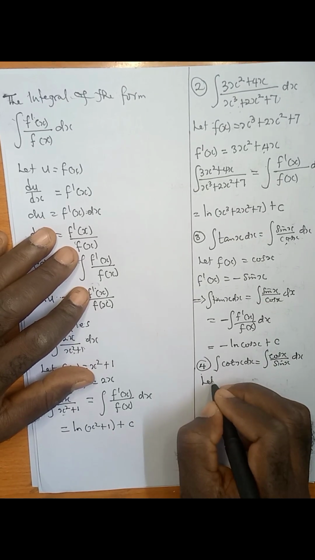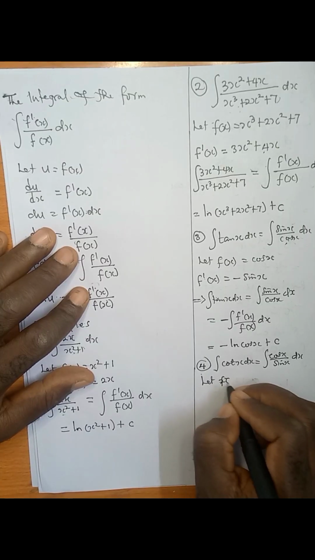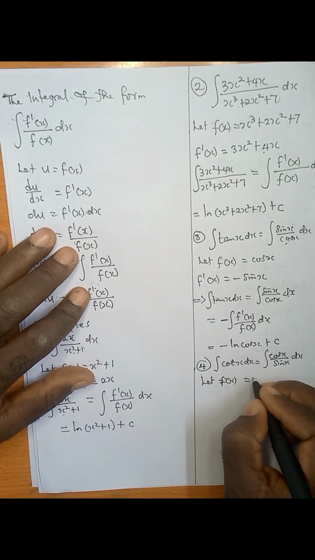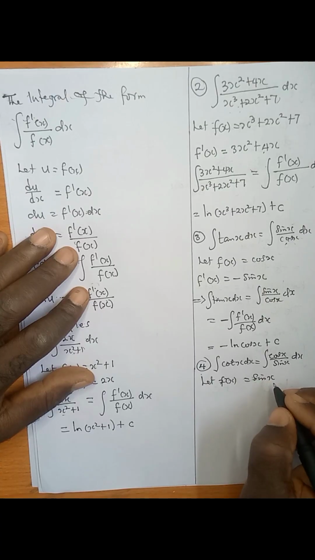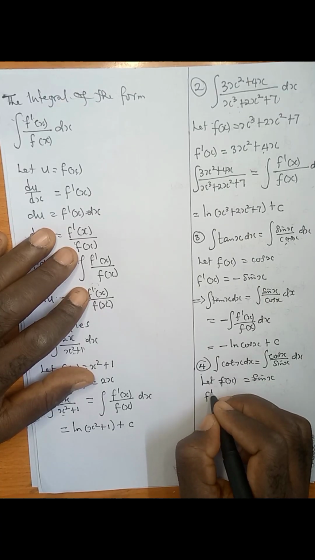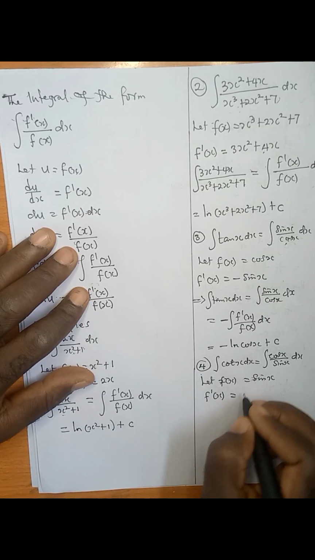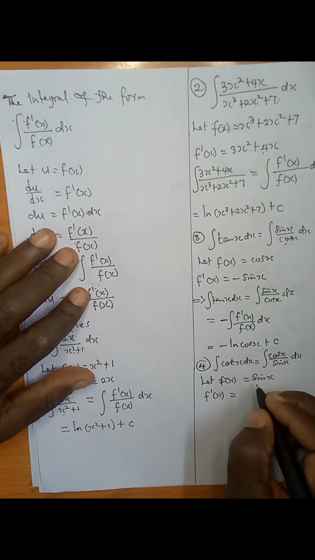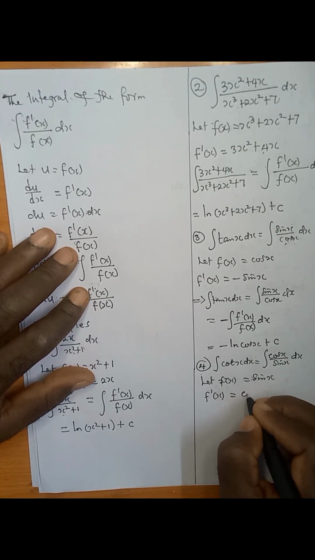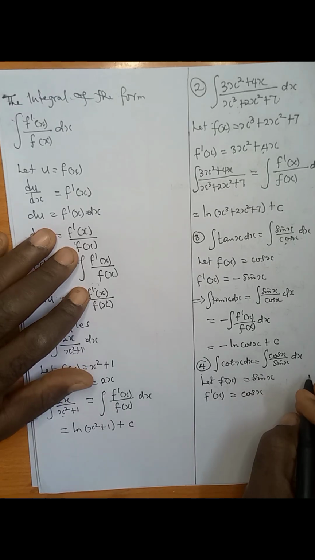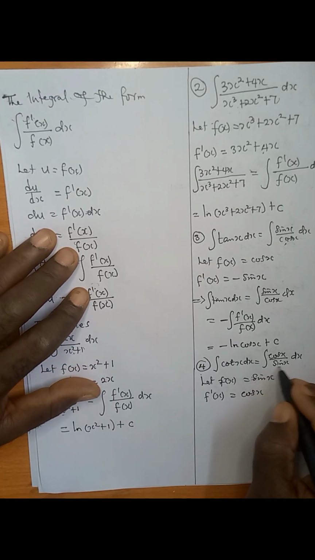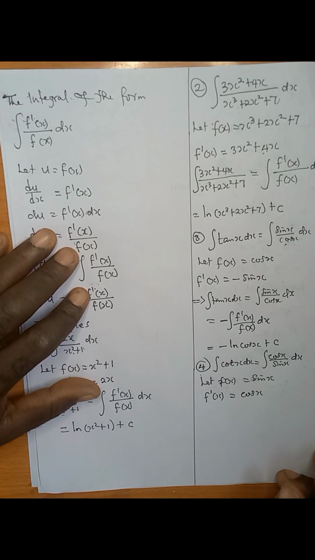We say let f of x be the denominator, which is sine x. Then when we differentiate it, that is f prime of x, when we differentiate sine x, it will give us cos x. You find out that when you differentiate this denominator, it will give us exactly the numerator.